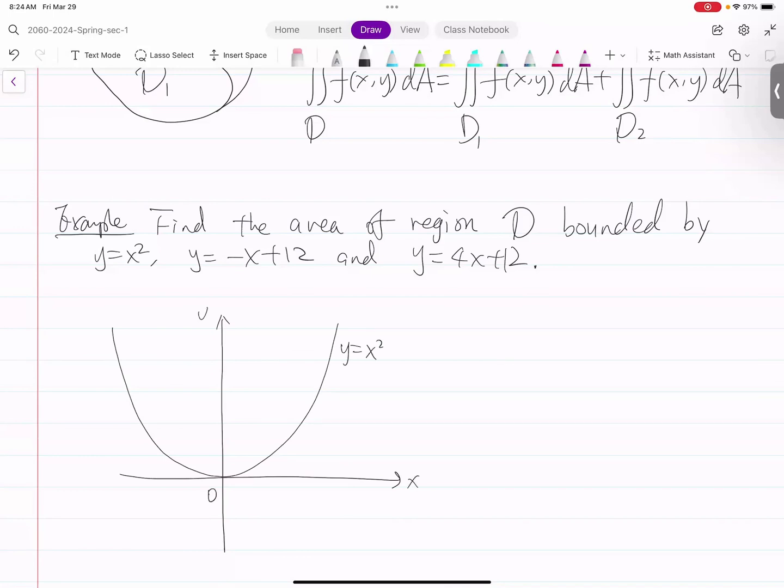Then we have the lines, negative x plus 12 and 4x plus 12. You see that there's a common y-intercept, which is 12. So let's say this is 12, and we have a line that's decreasing, and a line that's increasing with a larger slope.